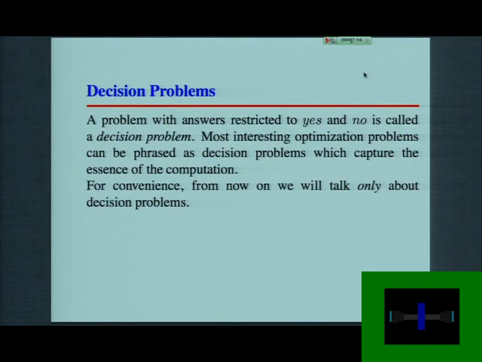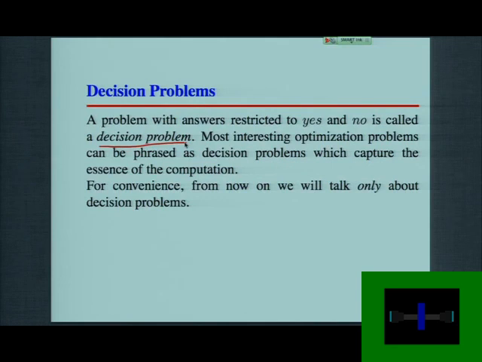Problems for which the answer is either yes or no. Okay? A problem for which the answer can only be yes or no is called a decision problem. And for technical reasons, it's easier to deal with thinking about reductions of problems that are decision problems.